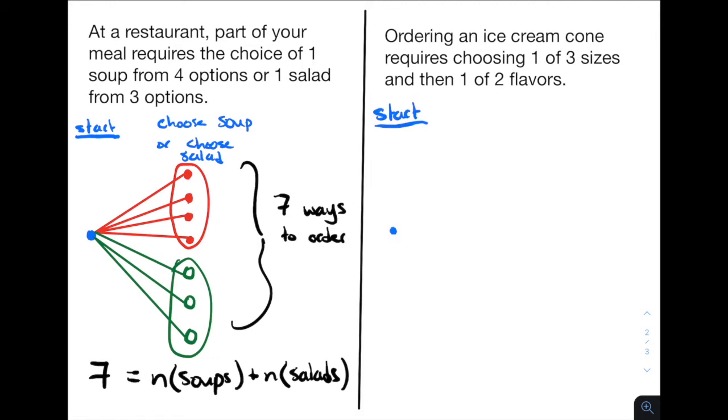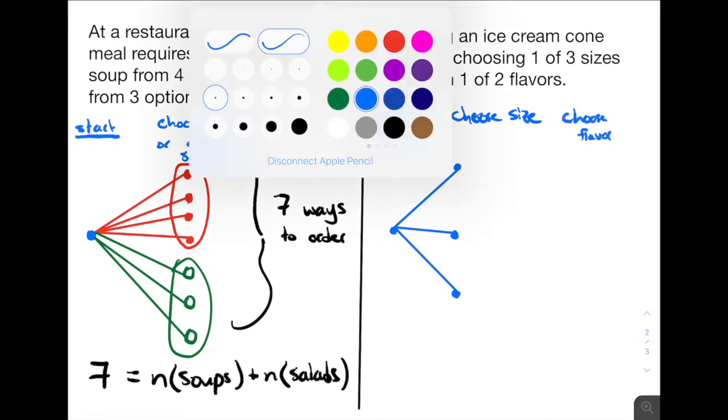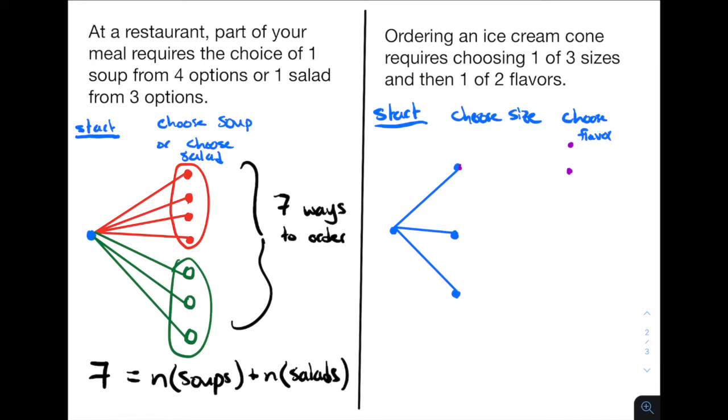In our second scenario, our first question is to choose a size. There were 3 sizes available. Then we were to choose a flavor. For our first size, there were 2 flavors we could have chosen. For our second choice, there was still 2 choices of flavor.